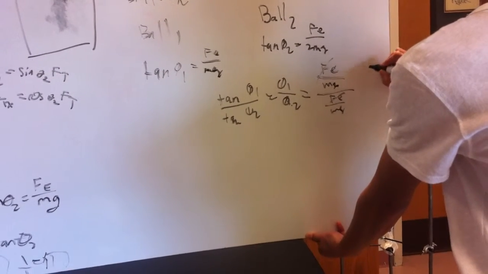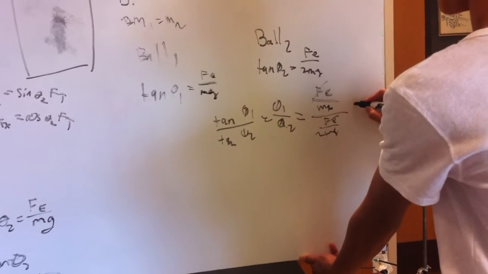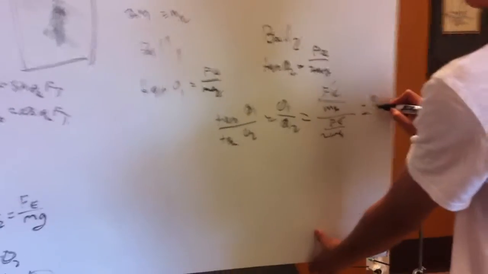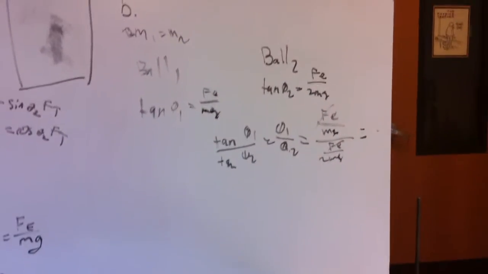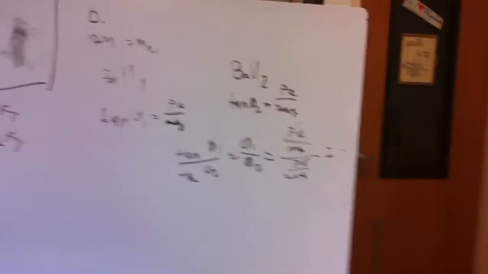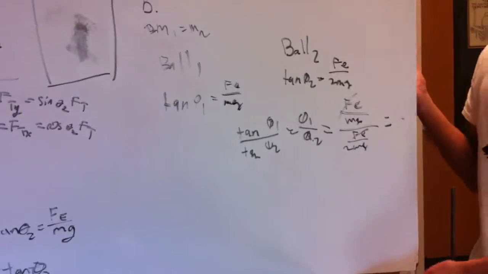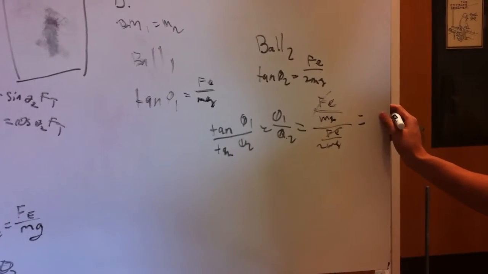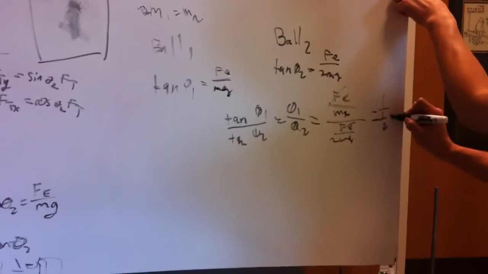And the Fe's cancel out. So you get the ratio of, wait, okay, wait. That is 1, that is 2. It's 1 over 1/2, which equals 2.